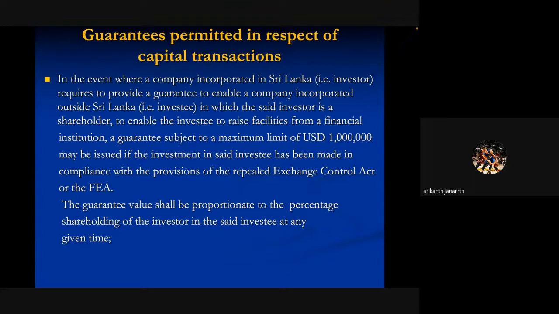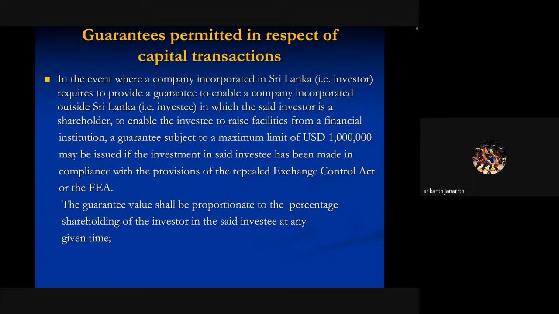Now, when they are trying to take a loan, let's say they are going for a loan of 1 million from the bank. That bank wants a guarantee. Now, the central bank says the guarantee is according to the proportionate investment, 50-50.